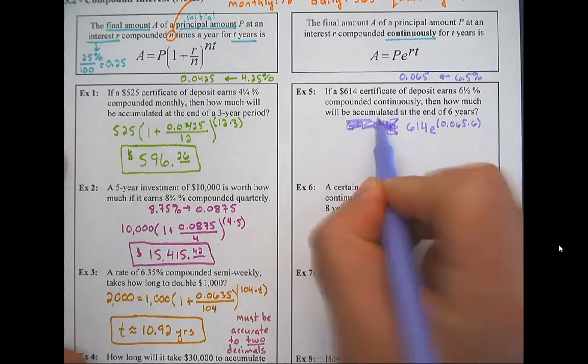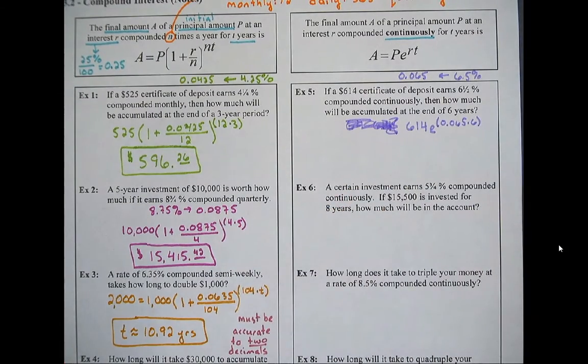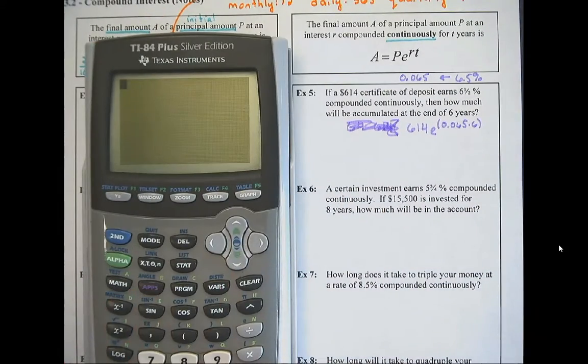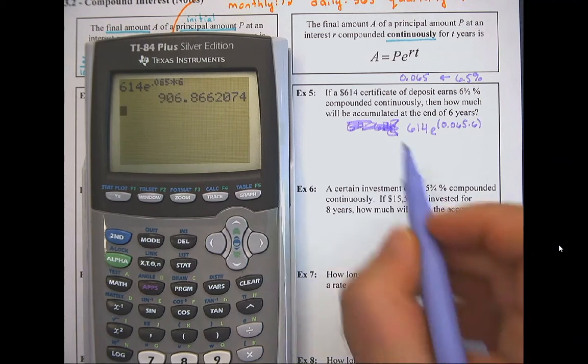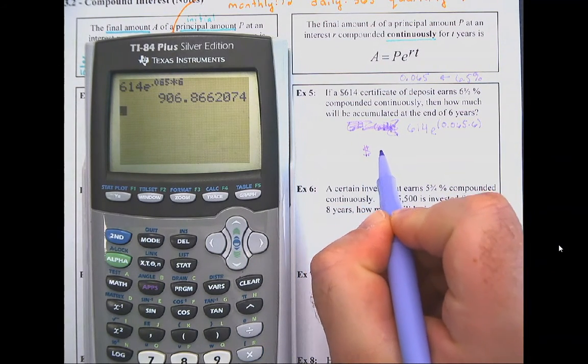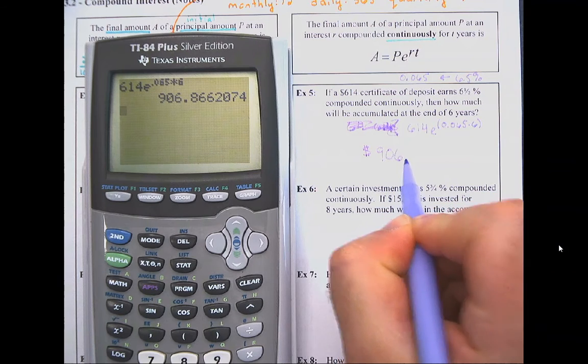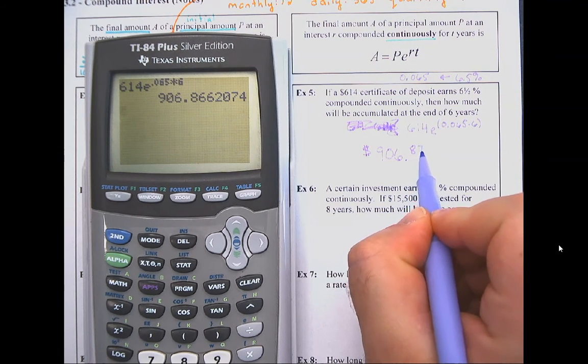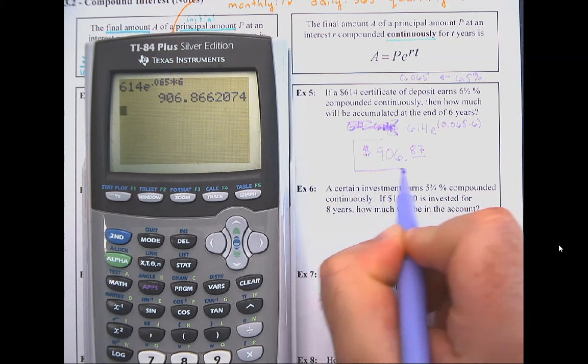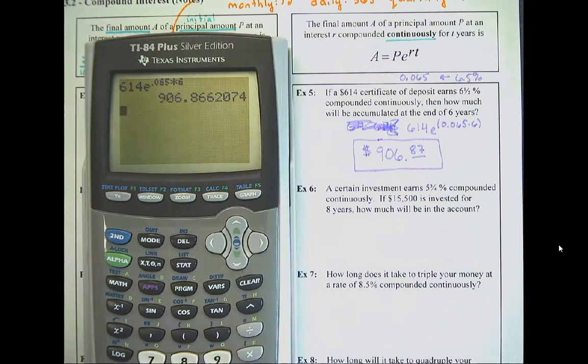So ignore all of that. Calculator at this point, 614, second natural log is e to the 0.065 times 6 should be $906.87. Don't be the kid that rounds wrong and loses half a point.